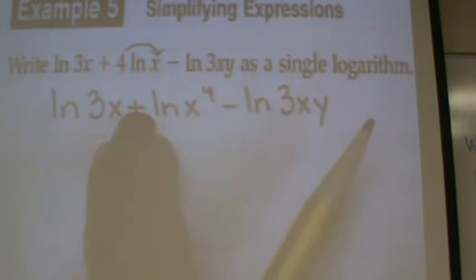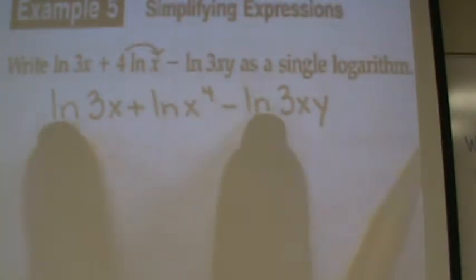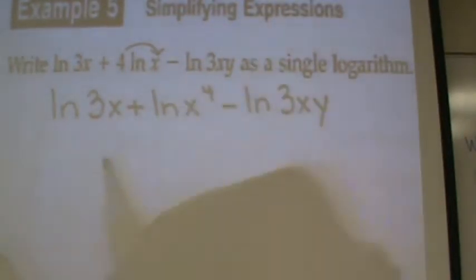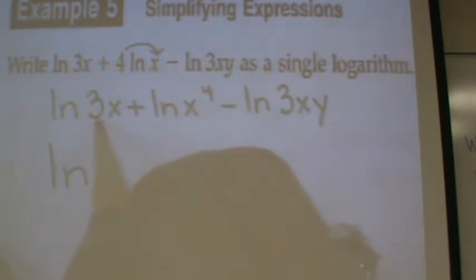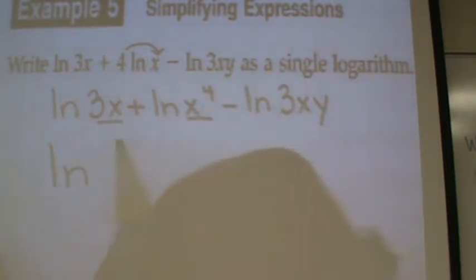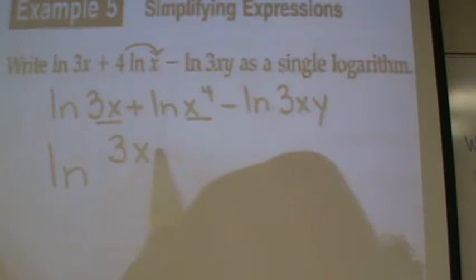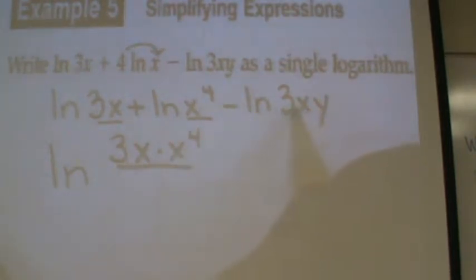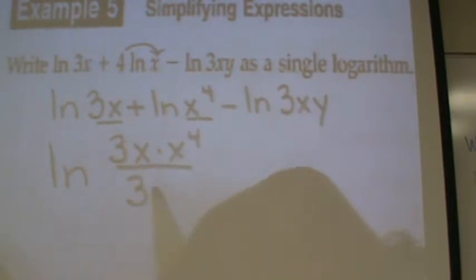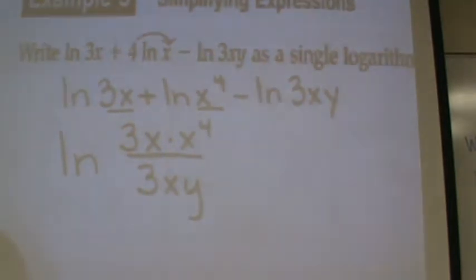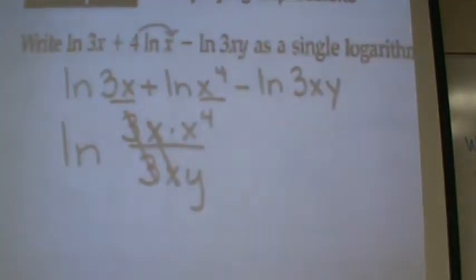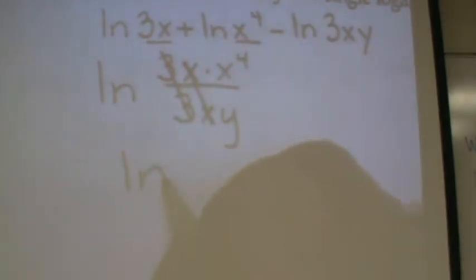With a plus sign, what do you do? What does the plus sign mean? What does the minus sign mean? These two get multiplied, so you have 3x and then x to the 4th in the numerator, and then 3xy in the denominator. Is there anything you can cancel? 1x. Anything else? 3. Yep. And there's your answer: ln x to the 4th over y.